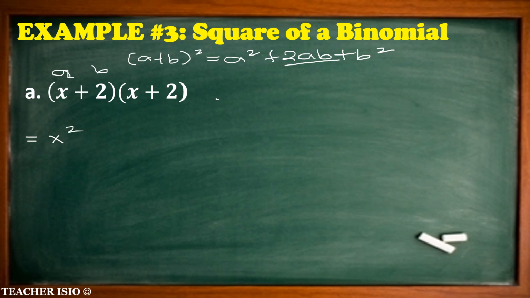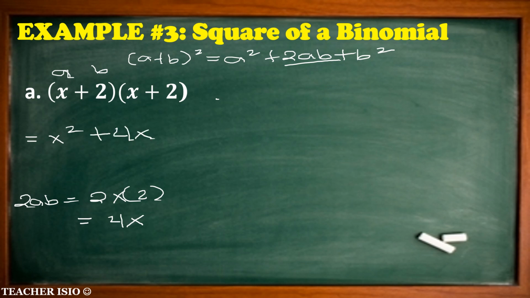And then we have 2ab. So we have 2. So our a here is x. And then b is 2. Therefore, we have 2x times 2, we have 4x. Therefore, we have plus 4x.